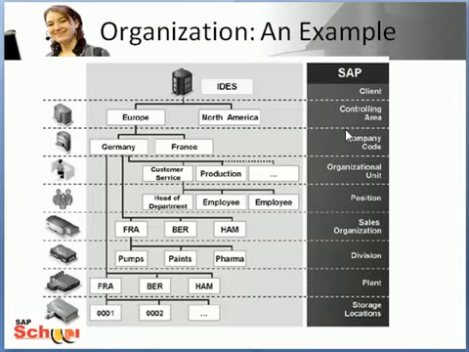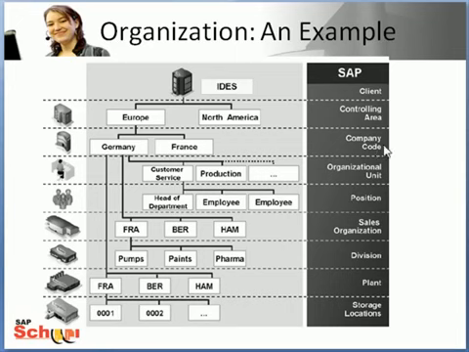So here is an example of how SAP's organizational elements are set up to map onto a real company. At the top of the hierarchy, you have the client. The client is the highest level element of all the organizational elements. It represents the enterprise, the headquarters, or the main group holding company.